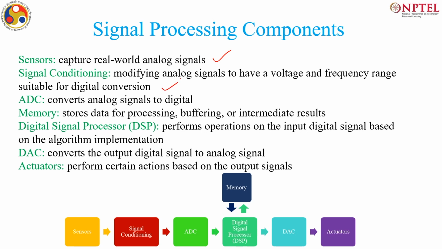Then signal conditioning is modifying the analog signal to have a voltage and frequency range which is suitable for digital conversion, and that is sent to my ADC, which will generate my digital signal.